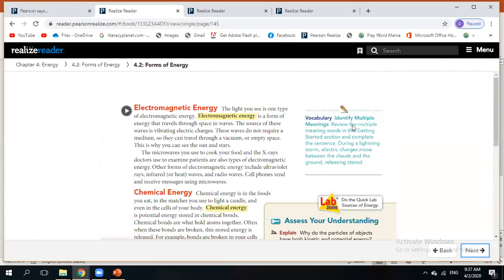Gravitational potential energy is the stored energy due to its position, and I can calculate it by mgh. Its unit is joule. What about the elastic potential energy? It is the stored energy in elastic objects due to their distorted shape, either stretched or compressed. We can calculate it, but the calculation is not for you. Its unit is joule, okay?